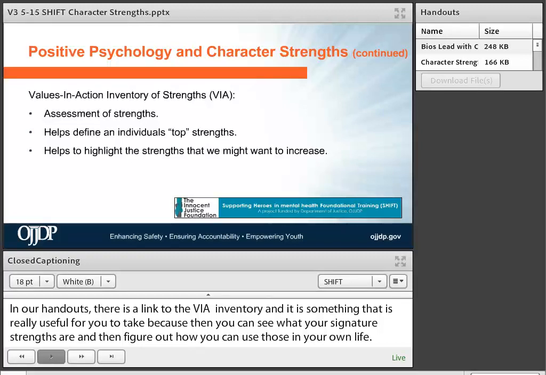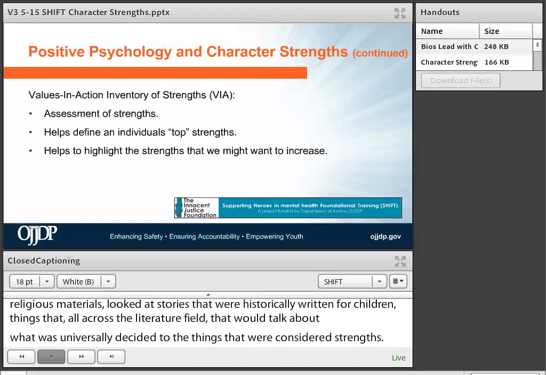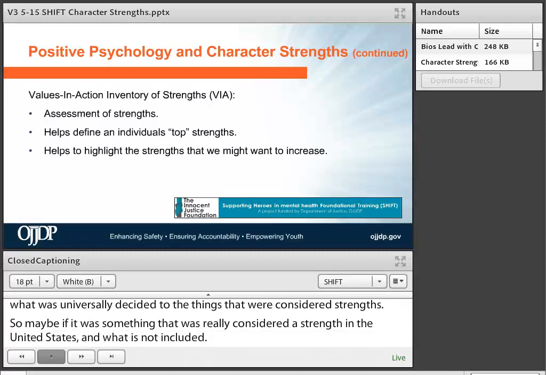He and his students looked at books, different religious materials, and stories that were historically written for children, things across the literature field that would talk about what was universally considered to be strengths. If something was only considered a strength in the United States, it wasn't included. They went across the board and looked at what came out in the literature and reading material as universal strengths, and that's how they created the inventory of strengths.